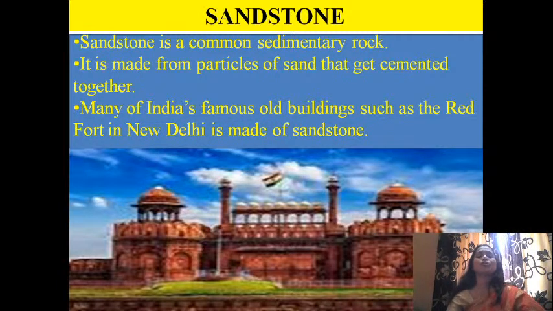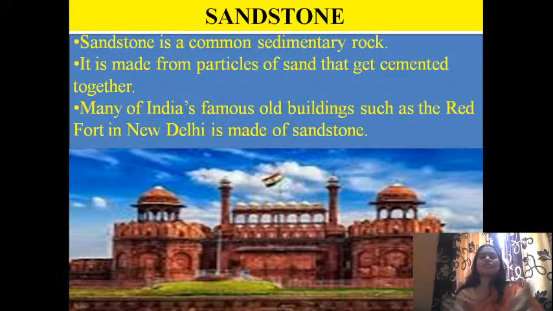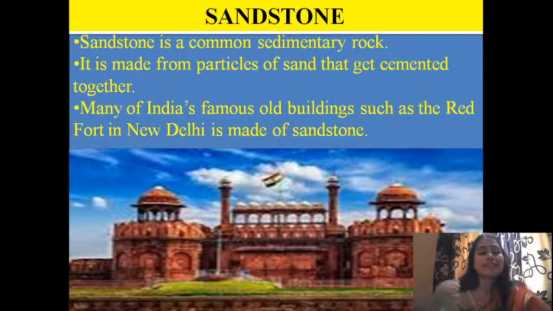So sandstone is a common sedimentary rock. It is made from particles of sand. By this name only you can understand sandstone. It is made from particles of sand that get cemented together, right? Like many layers of sand, it makes a stone which is called sandstone.